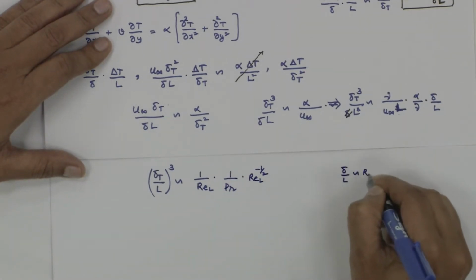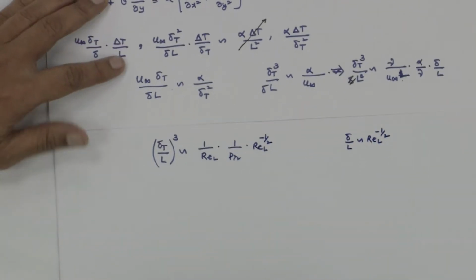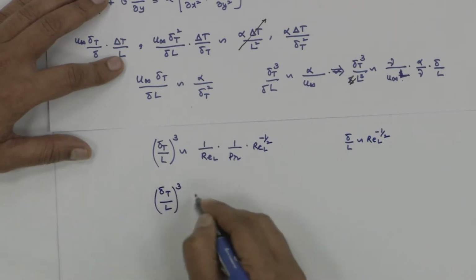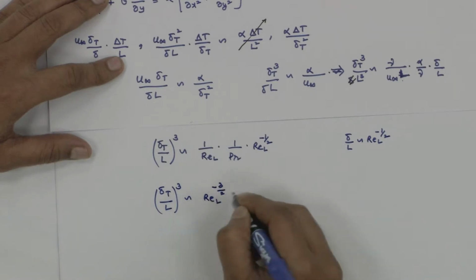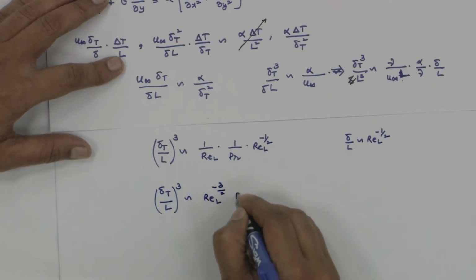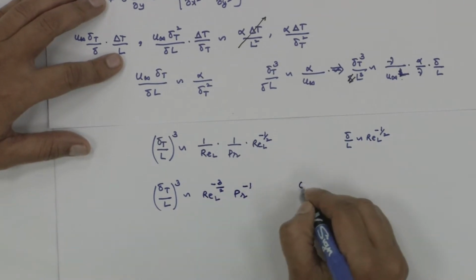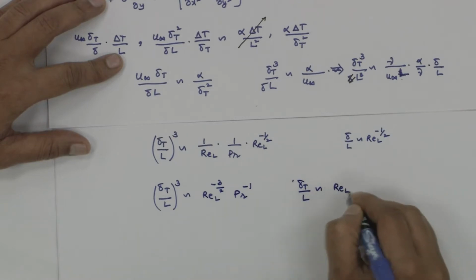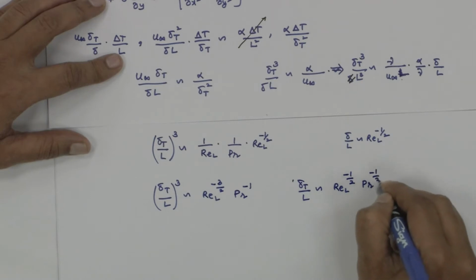Delta by L is of the order of REL to the power of minus half, so that's what I have substituted. So I get del T by L whole cube is of the order of REL to the power of minus 3 by 2 and PR to the power of minus 1. So del T by L is of the order of REL to the power of minus half PR to the power of minus 1 by 3.